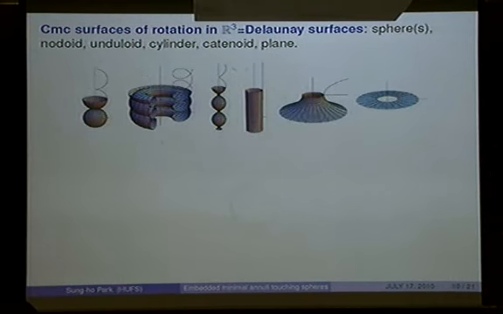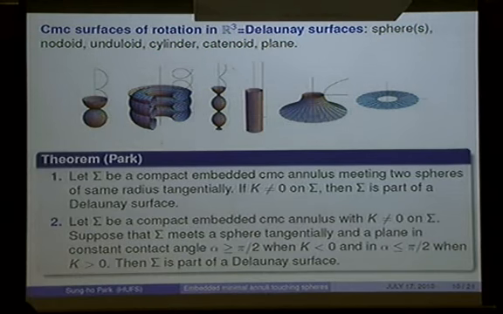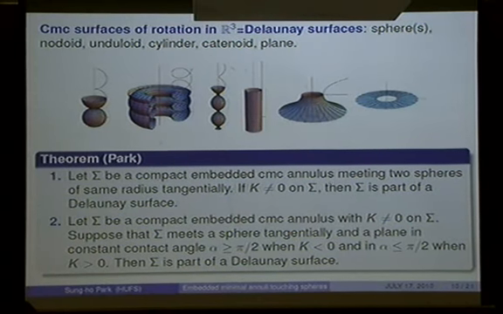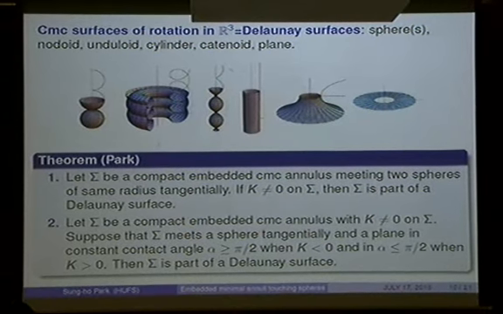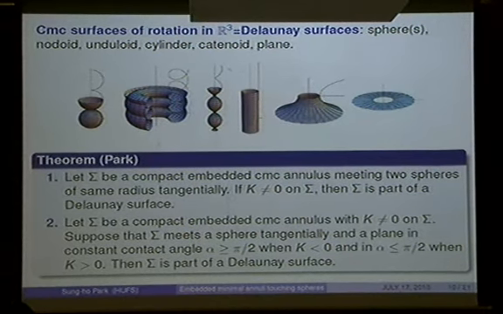I actually extended the result to CMC surfaces. So there are Delaunay surfaces, and I showed that if sigma is a compact embedded CMC annulus meeting two spheres of the same radius tangentially, and the Gaussian curvature is never 0, then sigma is part of a Delaunay surface.